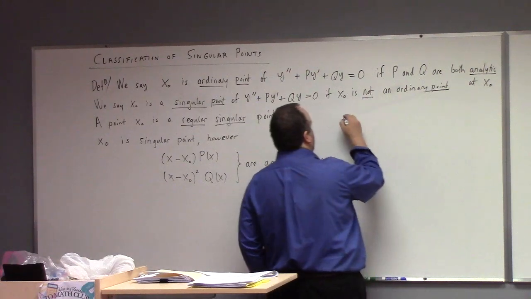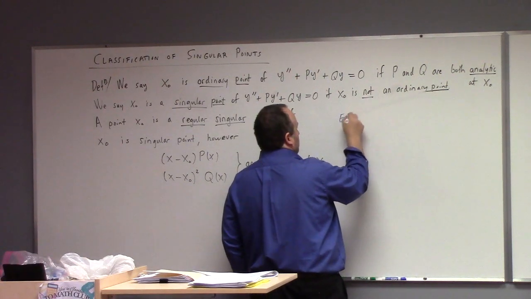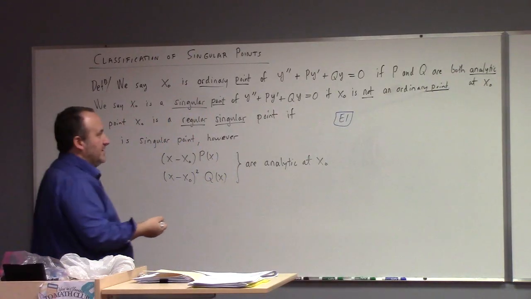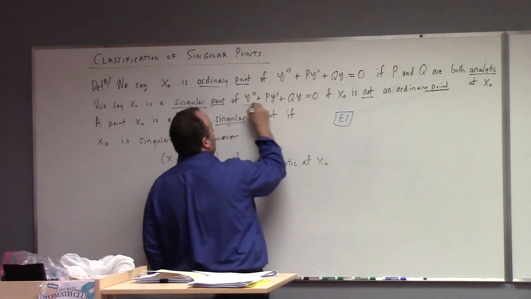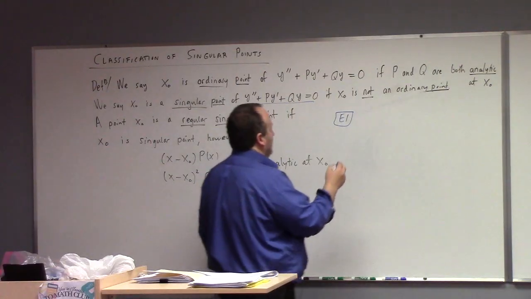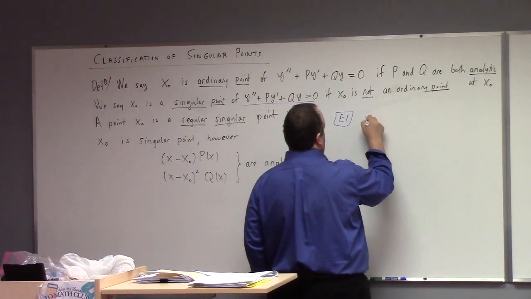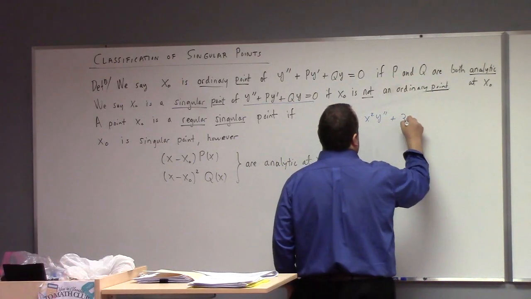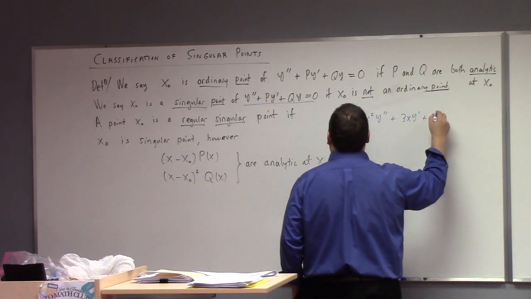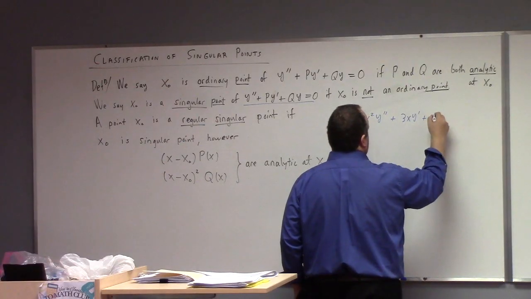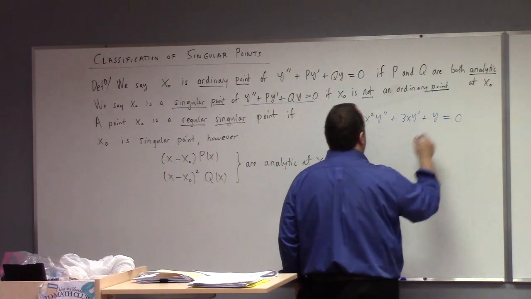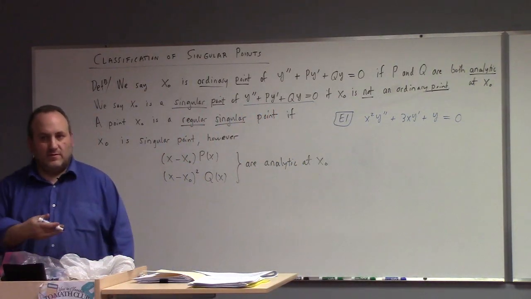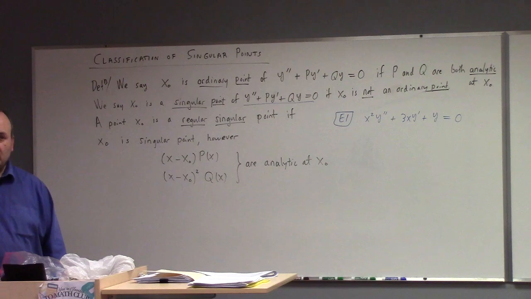Oftentimes the example comes to you in such a way that it's not in the right format to start with, right? So we might be faced with something like x squared y'' + 3x y' + y = 0. In fact, we've looked at this kind of problem before. This is the Cauchy-Euler equation, the equidimensional problem.